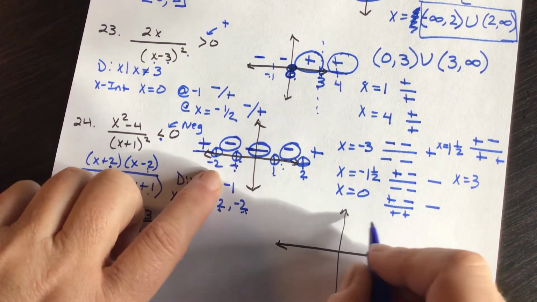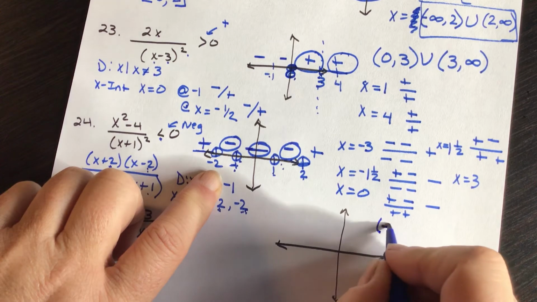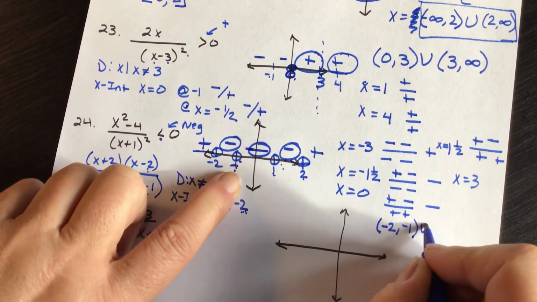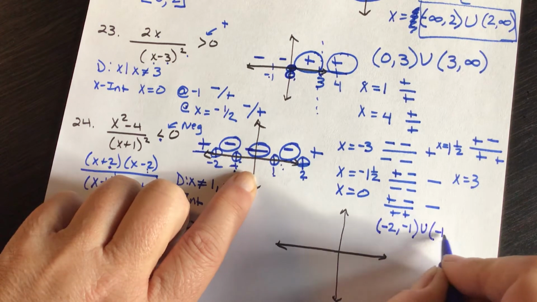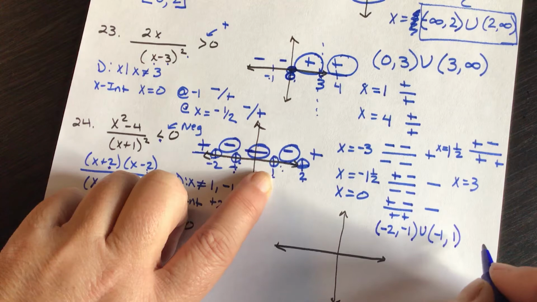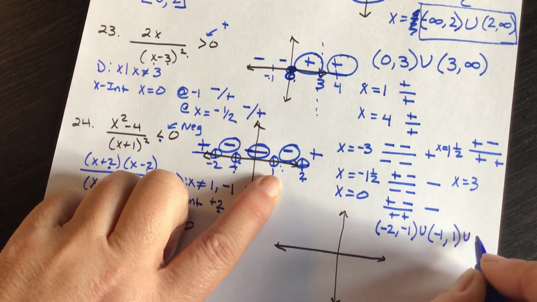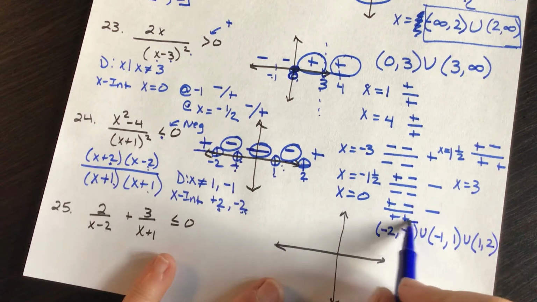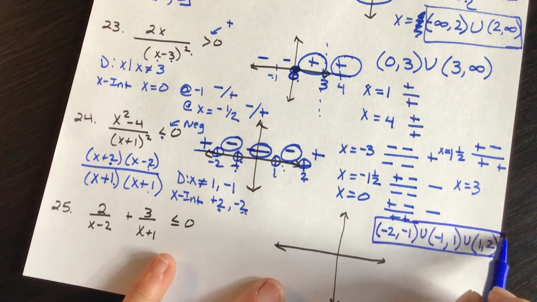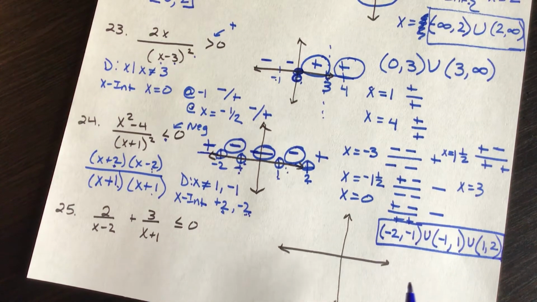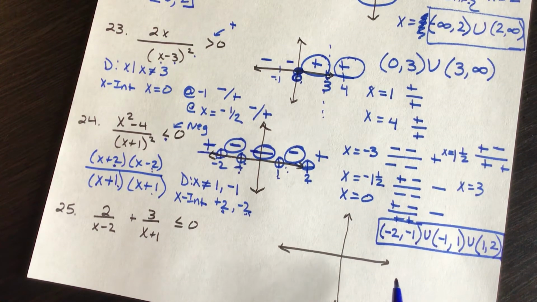So I'm going to have between negative 2 and negative 1, with between negative 1 and positive 1, and another set of between 1 and 2. Haven't had a three-part solution yet, but that's what it is.